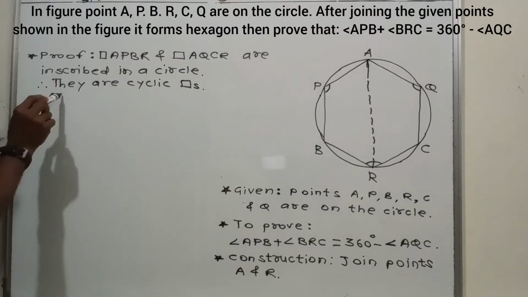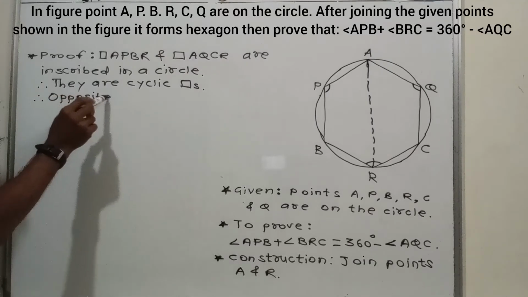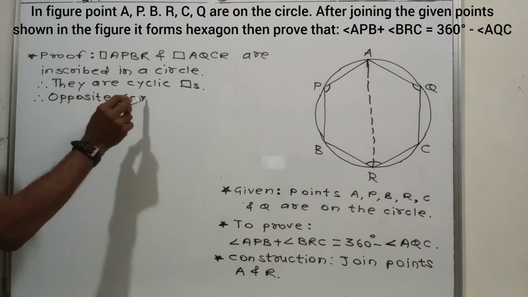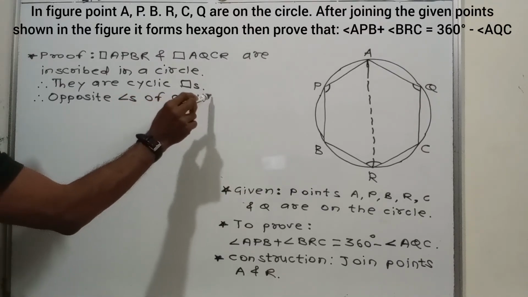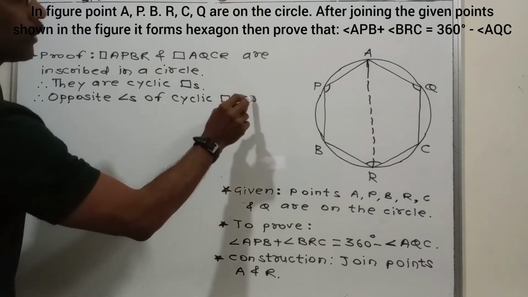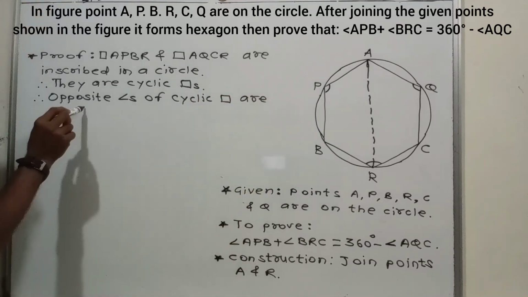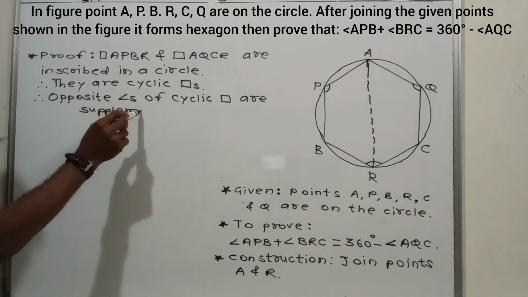Therefore, opposite angles of cyclic quadrilateral are supplementary.